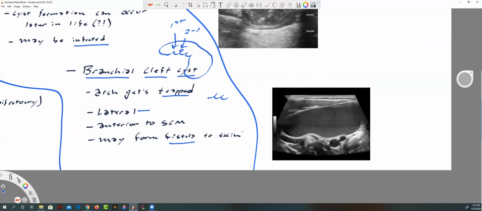Interesting. So I read that they're always anterior to the sternocleidomastoid muscle, but you know what? That's sternocleidomastoid there, and this is obviously the cyst here. And then down here you see the bifurcation. I almost said CCA and jugular, but they're both round, so that means they're both arteries.